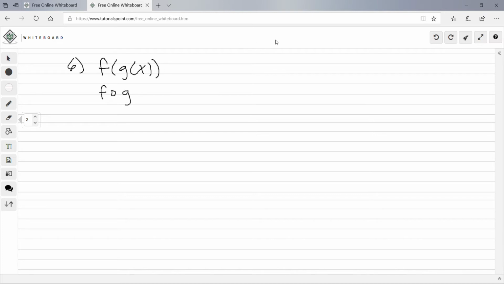What did we say f of x was? f of x is 2x plus 9, and g of x is 16 minus x squared. You can either do f of g or f of g of x.